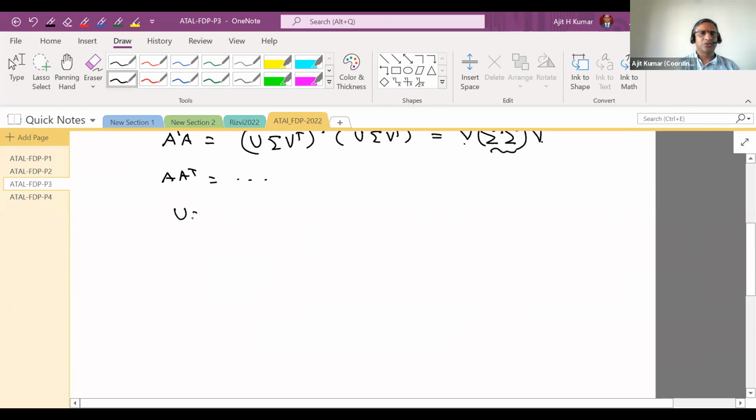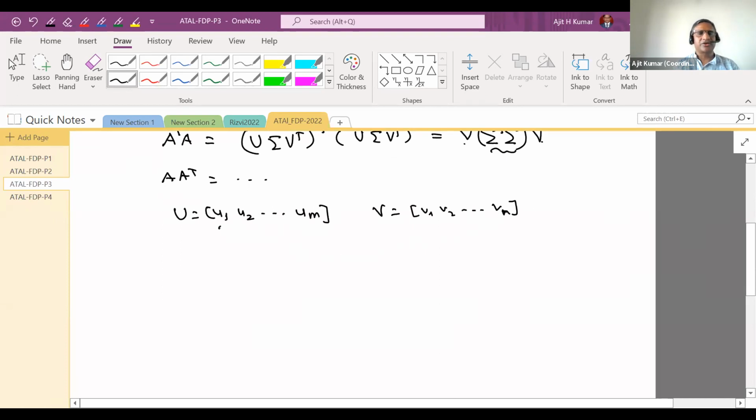If I write U as the column matrix U1, U2, up to UM, since it is M cross M, and V as the column matrix V1, V2, up to Vn, this is N here, then these are going to be orthogonal vectors.